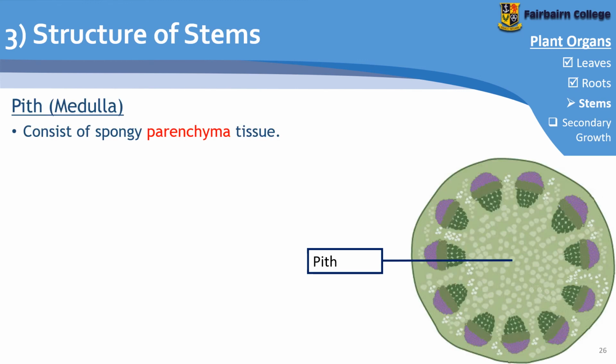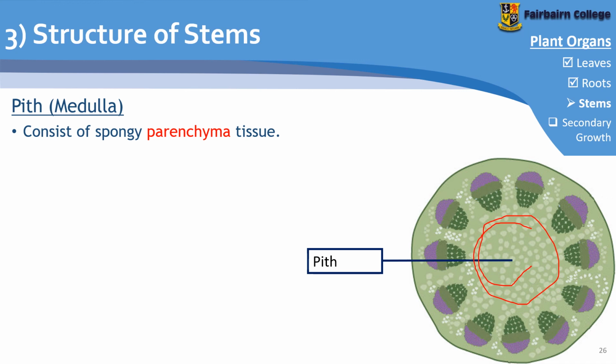And then the last area inside of the stem is the pith, or the medulla. And that is just the big area here in the middle, and really it doesn't have a very important function.